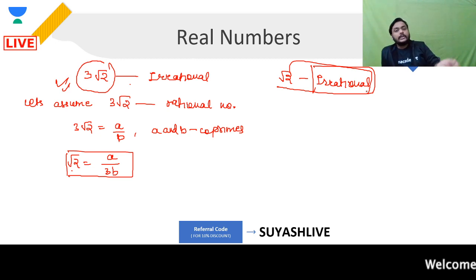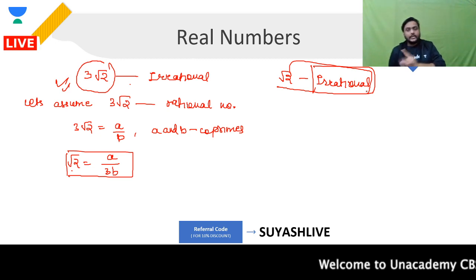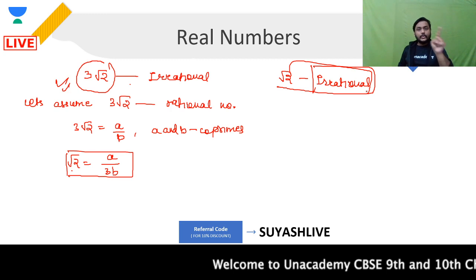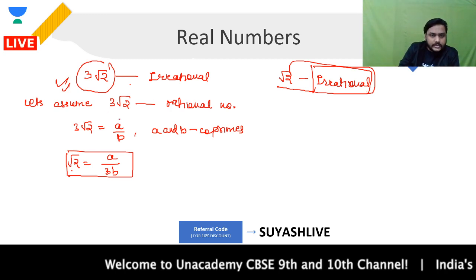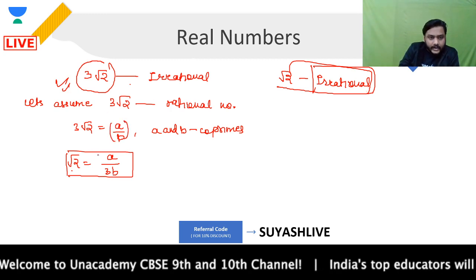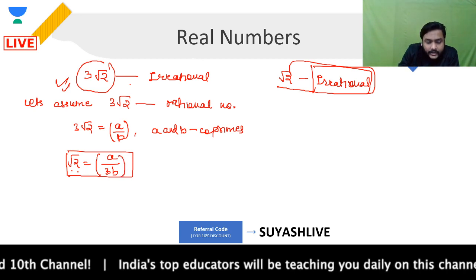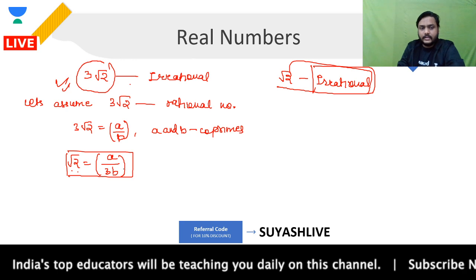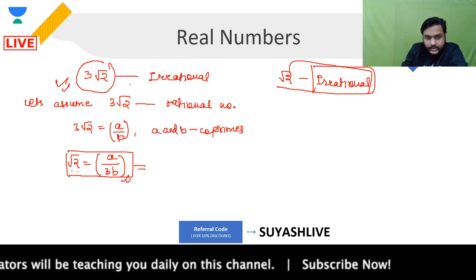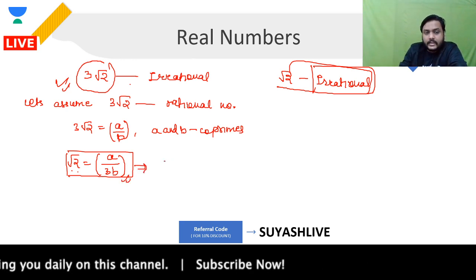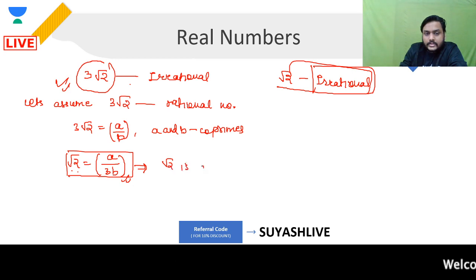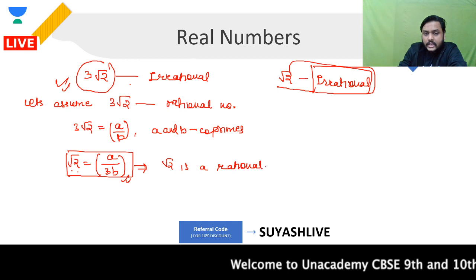You will take into consideration that root 2 irrational है. So now as you all know, because root 2 is irrational and because a upon b is rational, so the right hand side is rational and the left hand side is irrational, which means this implies that root 2 is a rational number, क्योंकि राइट साइड रेशनल है.